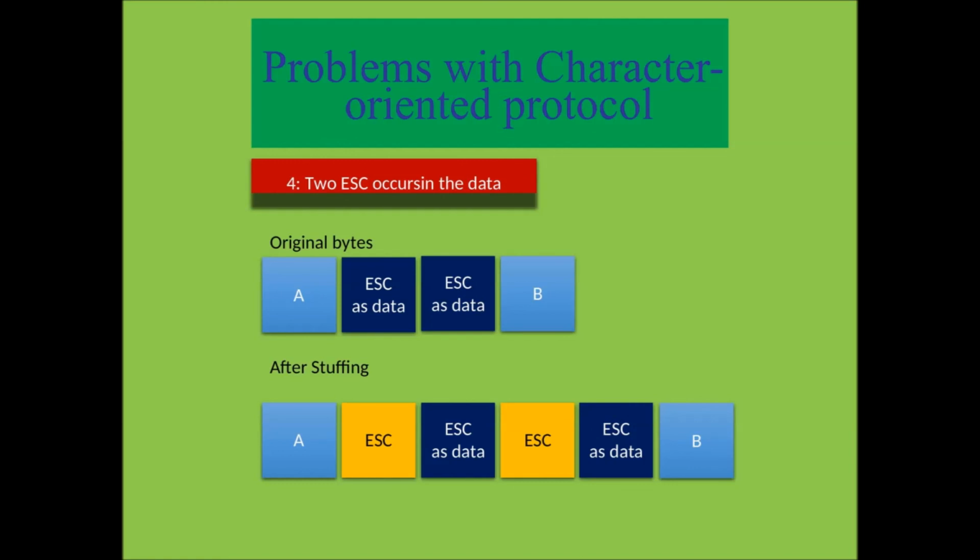This is our last slide regarding character oriented protocol, and here there is another scenario. There are two original bytes A and B, and we have inserted escape as data on both sides, with A as well as with B. But the problem is that while inserting escape as data with A as well as with B, these are again the same, meaning the data of A and escape as data are the same, and the data of B and escape as data are the same.